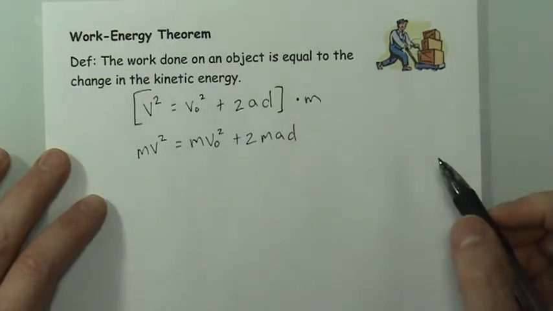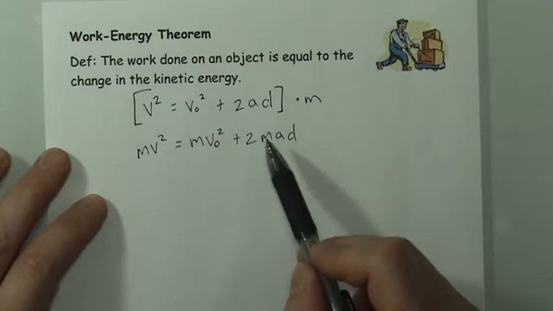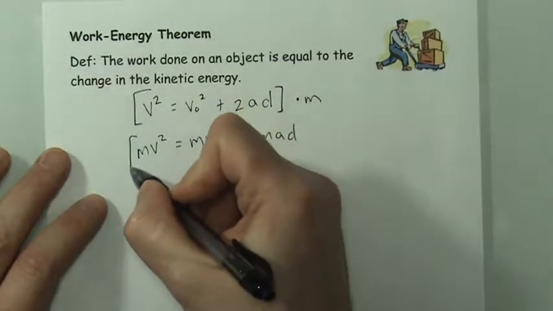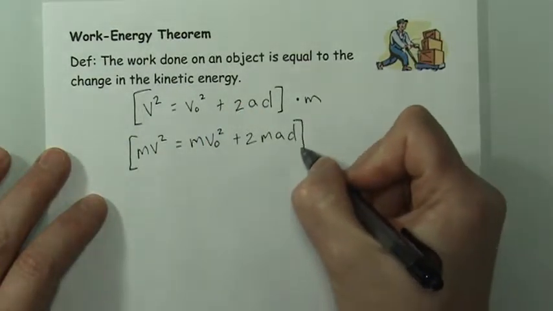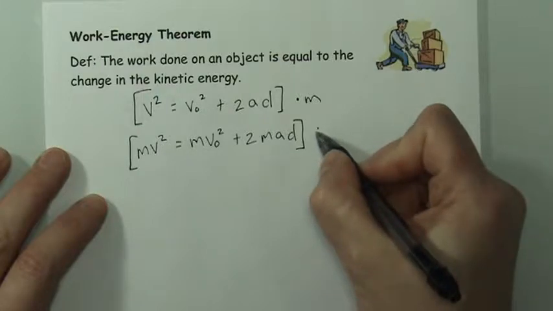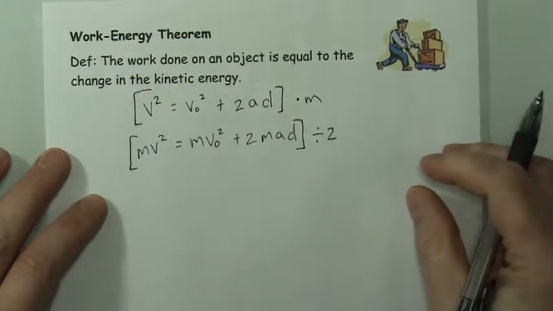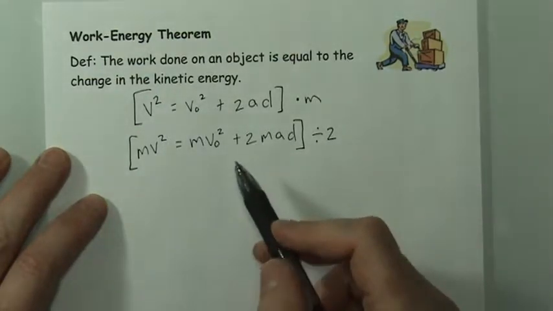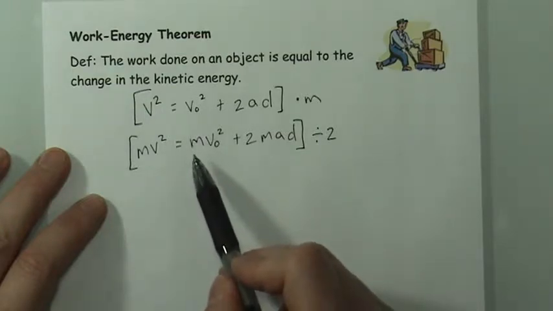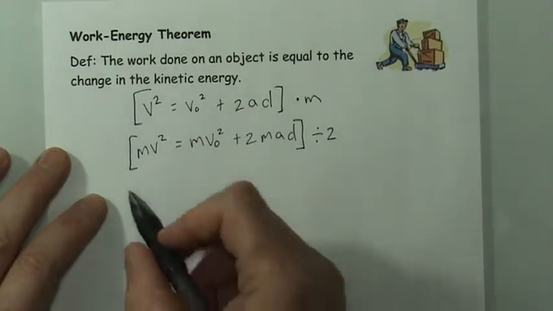The next thing we're going to do is move that 2 over to the other side. By dividing by 2, we put a 1/2 in front of each of these terms, and then this will turn into the kinetic energy.